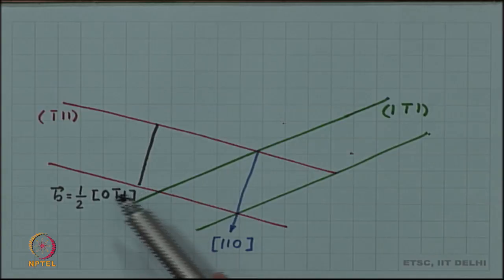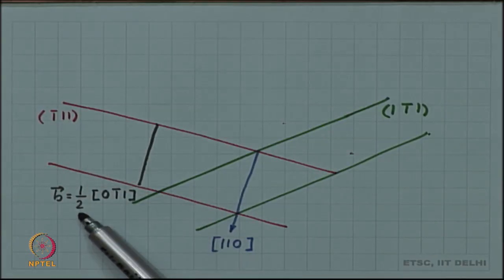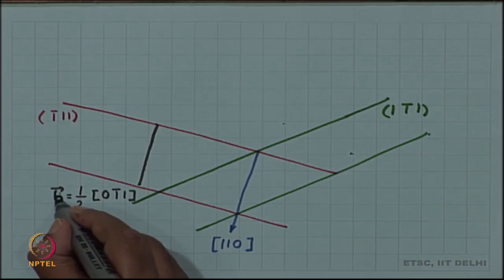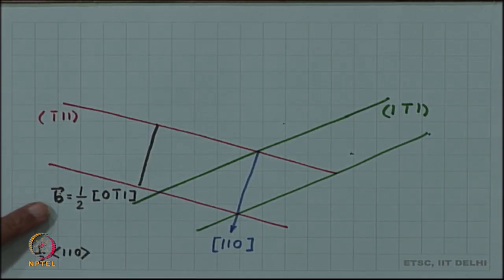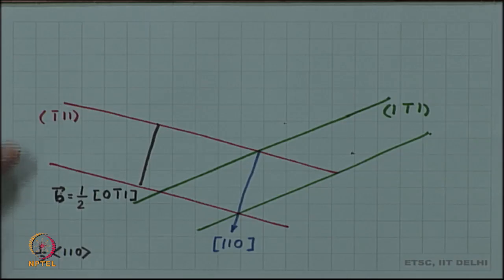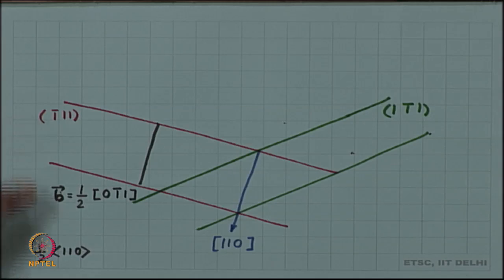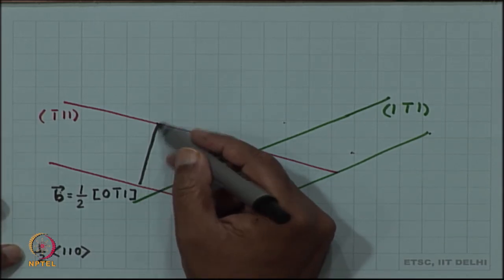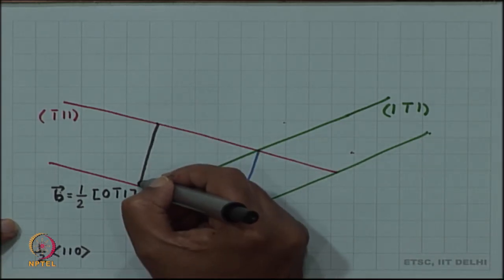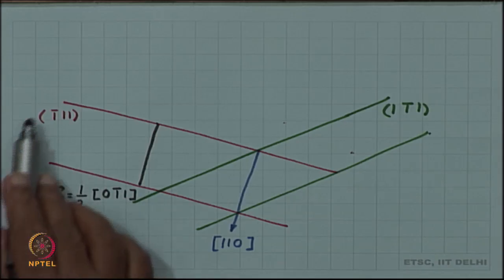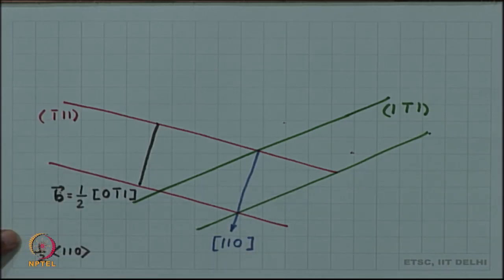Notice that the Burgers vector has to lie in the slip plane. So, I have chosen from a family, our family was half 1 1 0. From that family I have chosen one of the Burgers vectors which lies in this bar 1 1 1 plane, because the Burgers vector of any given dislocation line has to lie in its slip plane, and I am creating this dislocation such that the red plane is the slip plane for this dislocation line.